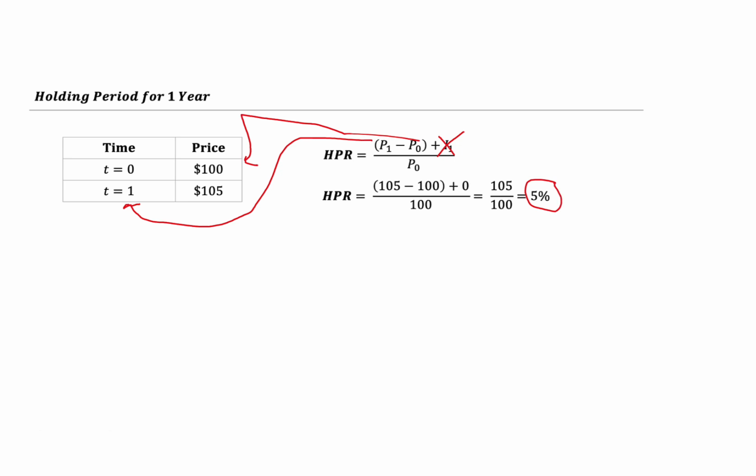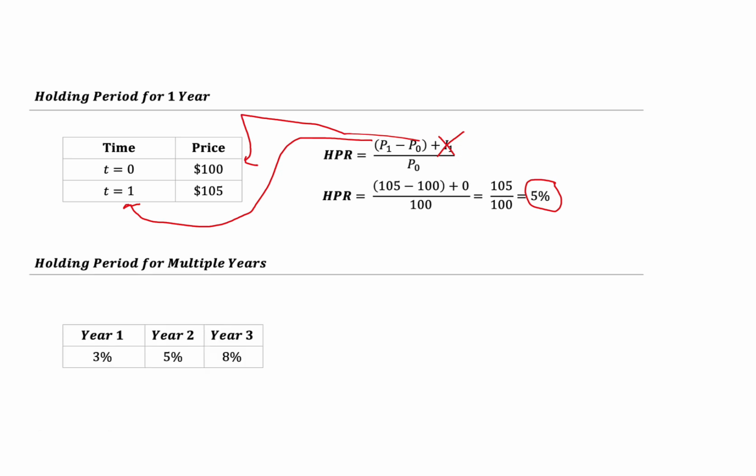Now, suppose I had a rate of return for multiple years. How would I go about solving that? Say I had these three returns. In year 1, I had a return of 3%. In year 2, I had a return of 5%. And in year 3, I had a return of 8%.